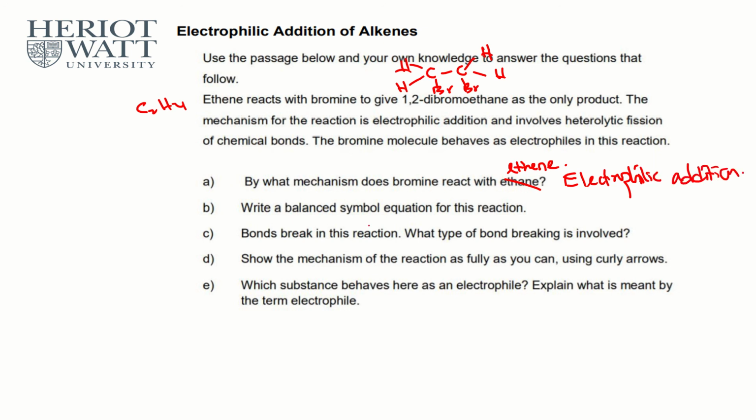Okay, write a balanced equation for this reaction. So I have C double bond C, the rest all H, C2H4, which I'm going to react with bromine, Br2, and then you get C, Br, Br, H, H, H, H. Now you may ask, can I write an equation like that? Yes, you may write it in a displayed form or in a structural form.